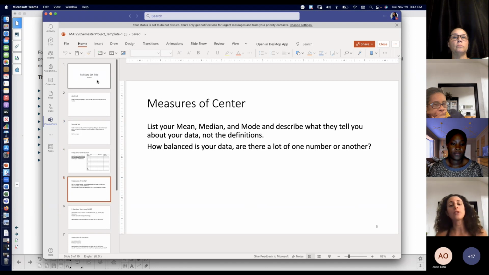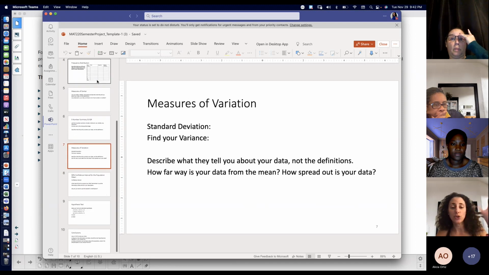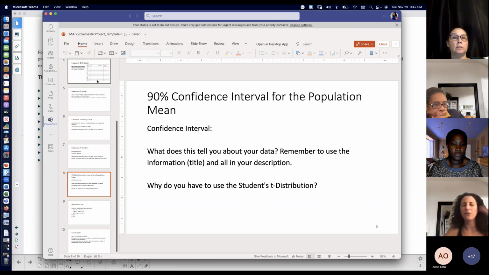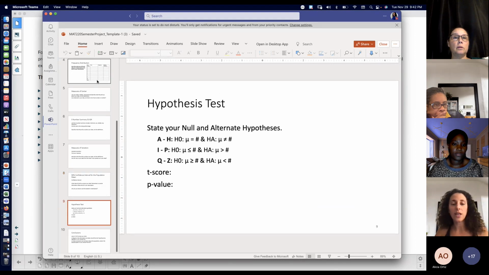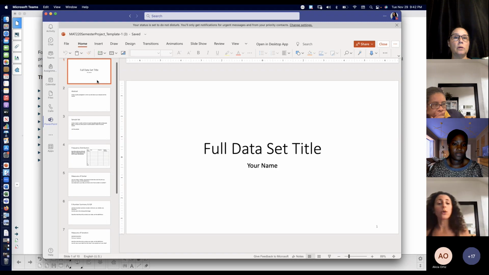Extra credit 3 was your measures of center, 5-number summary, IQR, measures of variation, interpretation of that. Extra credit 4, sorry, was all that. Extra credit 5 was the 90% confidence interval. What does it mean? And then the last extra credit was the hypothesis test and conclusion based on the hypothesis test. So you're given the template and it's all organized for you.